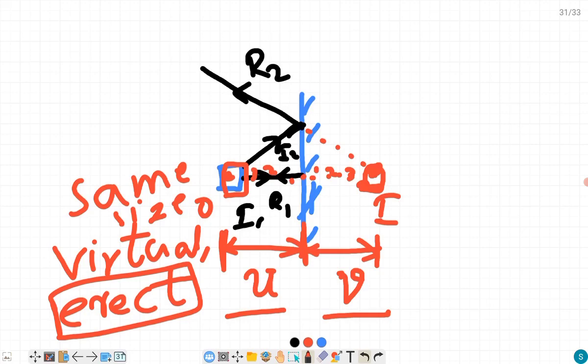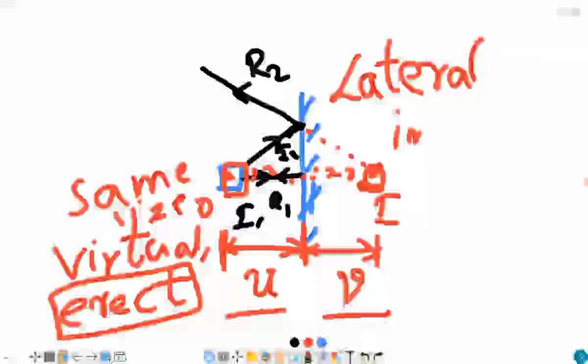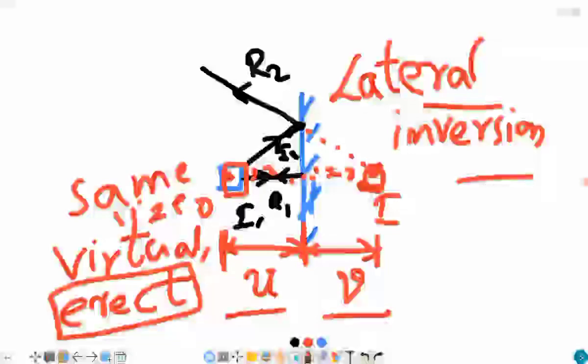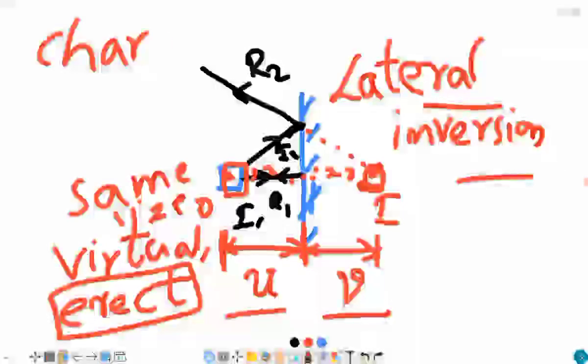So this characteristic of this virtual image is called lateral inversion. That means the sides will be different. They will be inverted. Left appears as right and right appears as left. That is the phenomenon of lateral inversion. Understood? These are the characteristics of the image.